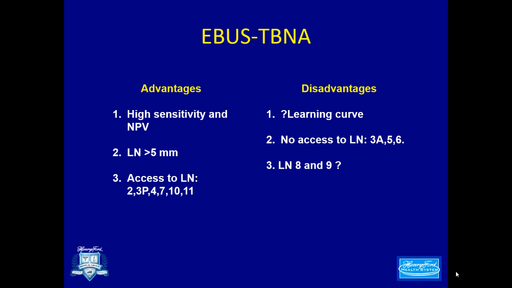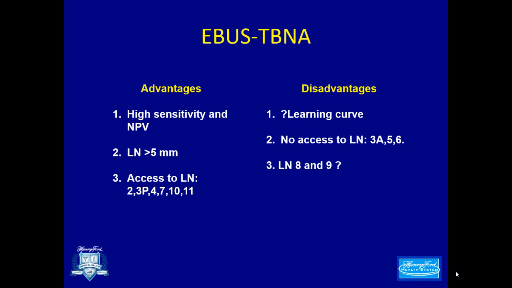There's a learning curve, and you cannot access lymph node stations 8 and 9. There were some studies done before in which you go with the EBUS-TBNA bronchoscope down the esophagus after doing the EBUS-TBNA mediastinal staging to assess stations 8 and 9.